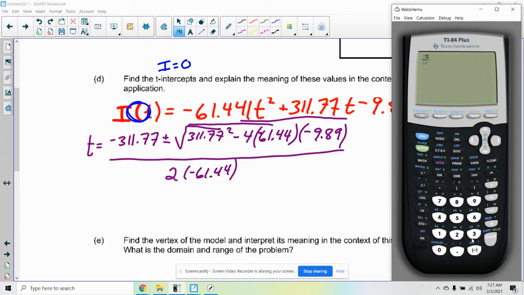So on top, I'll have negative 311.77. I'm just going to do one of these at a time. So I have plus. No, I want to go up and over. Nope.